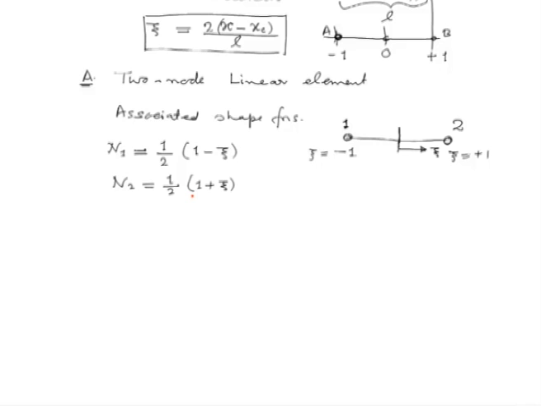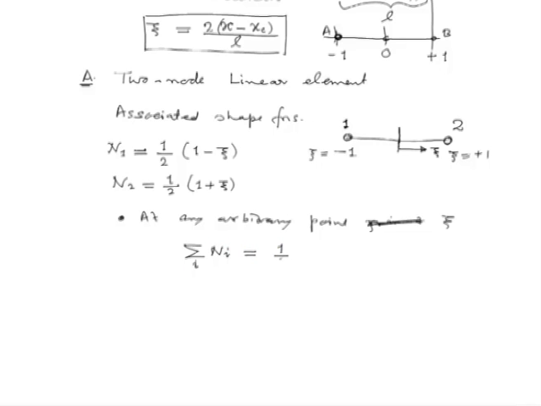Now, you can easily verify the two properties which we have mandated the shape functions should have. At any arbitrary point xi in the element, what happens to the summation of these shape functions?